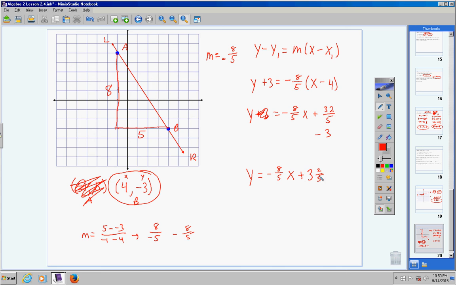Or if you don't want to put 3 and 2 fifths, you're welcome to put 17 over 5. And again, if you're weak with fractions, I did that in my head, but if you're weak with fractions, again, take 32 over 5, put it in parentheses, 32 divided by 5, then hit negative 3, and you'll get a decimal, and then hit math, enter, and you will get 17 over 5, okay?